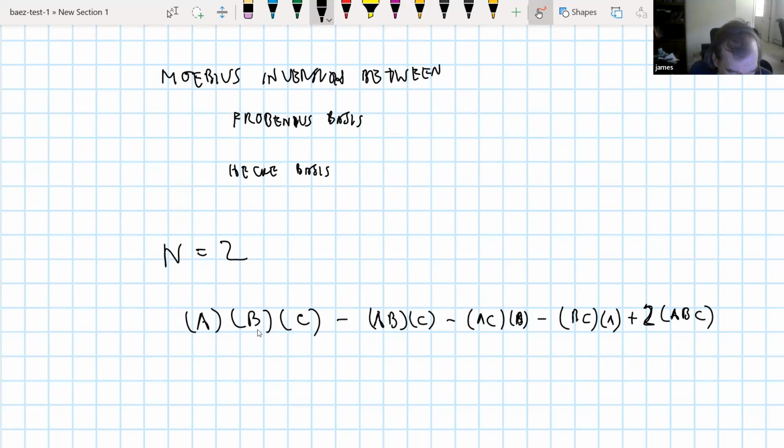But this really is working. And in what sense is it working? Well, if I didn't screw up, this is in the kernel of the prop homomorphism that we're interested in here.